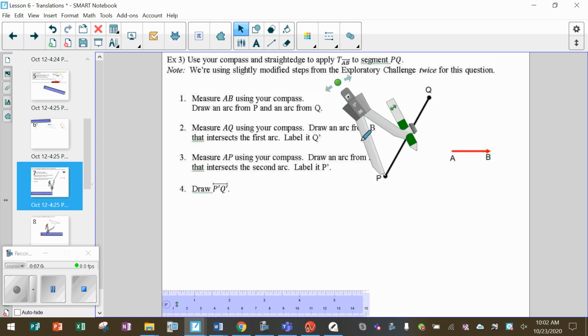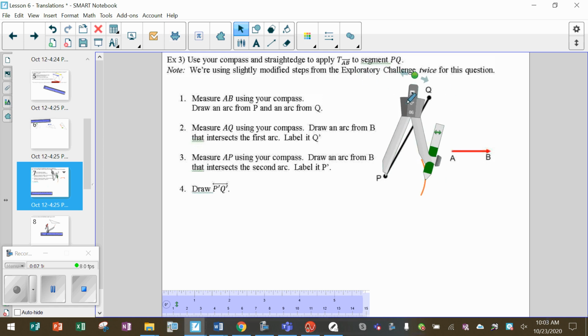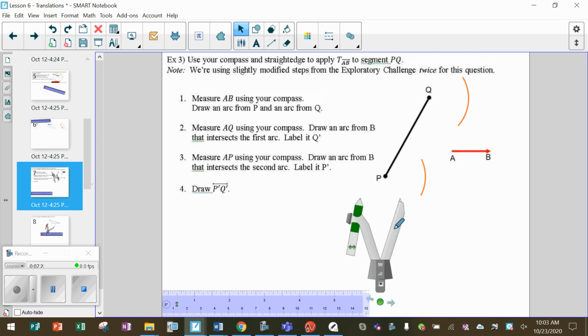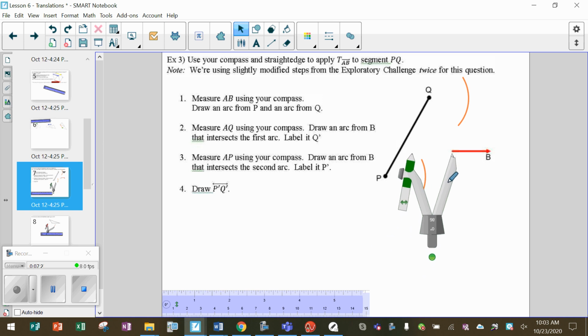So that means if I know my arrow is going straight to the right, I need to mark an arc off to the right. And then same thing up here at point Q. Put my needle on point Q and mark an arc off to the right. That measures the distance that I have to move my point.